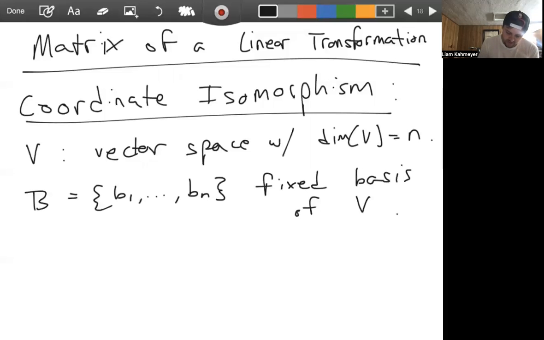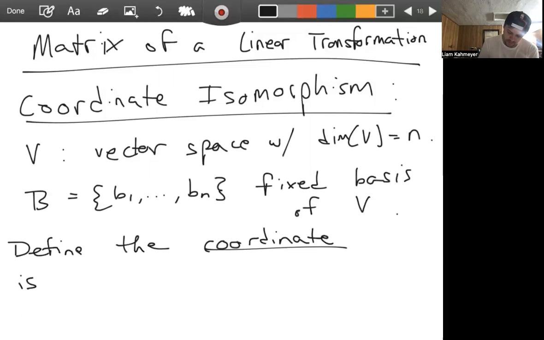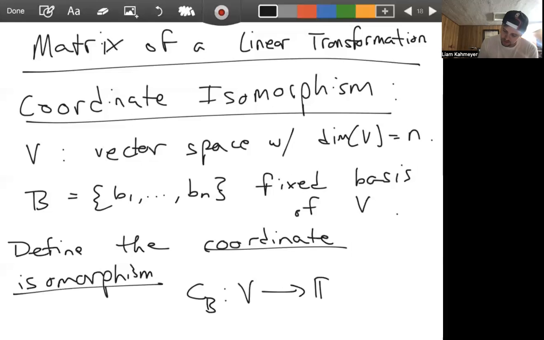Now let's define the coordinate isomorphism, which is a map from V to Rn, given as follows.